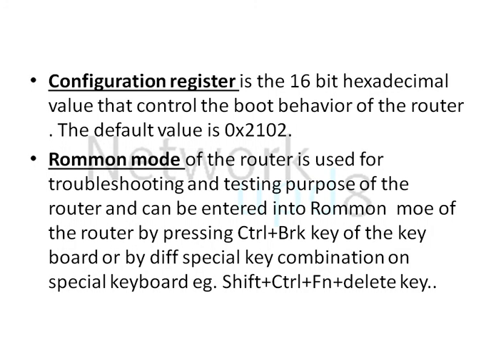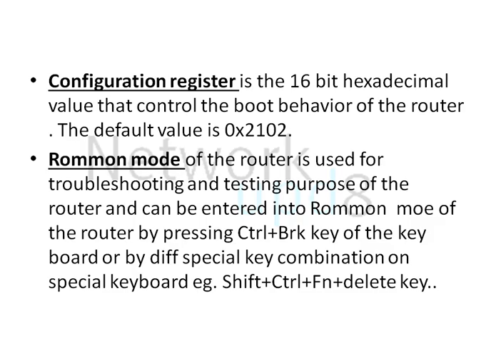Okay. Next, the ROMMON mode. After the configuration register, this is the second main term. The ROMMON mode of the router is used for troubleshooting and testing purposes of the router. If there is some problem, like a configuration problem or any other problem, by entering into the ROMMON mode, we can troubleshoot and test that particular router.